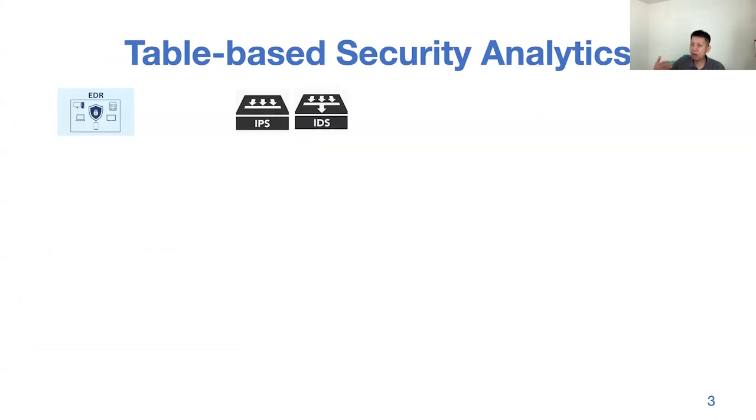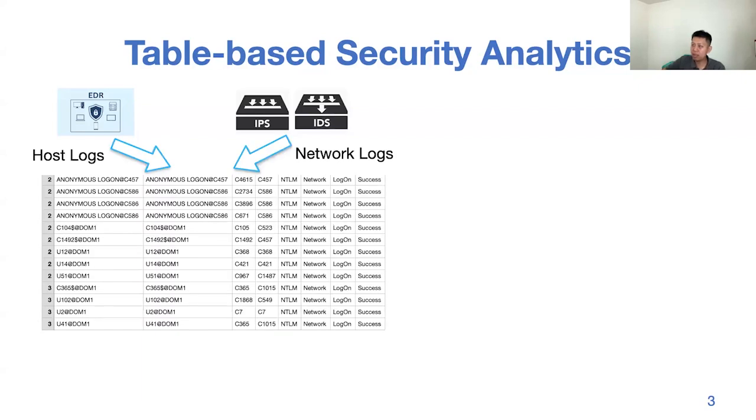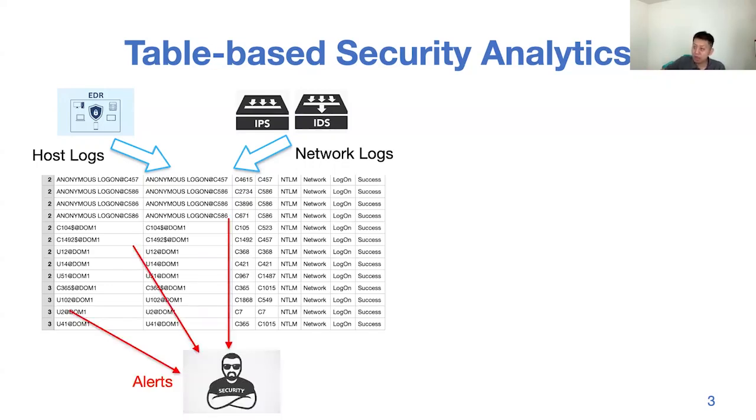They also can get logs from network appliances like intrusion detection systems, and then they represent the data as a table, just like what I show here. So you have many rows, many columns, and then you apply either a heuristic-based approach, rule-based matching, or a machine learning-based approach. But the outcome would be alerts. The alerts can be on the row level or on the cell level.